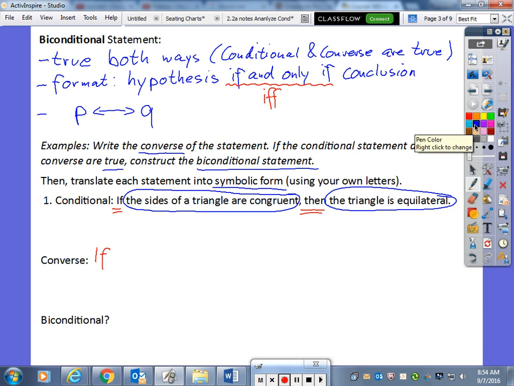So our converse is going to be, if the triangle is equilateral, and I'm going to use some symbols to shorten things up, if the triangle is equilateral, then the sides of the triangle are congruent.